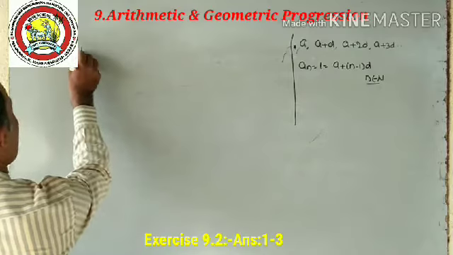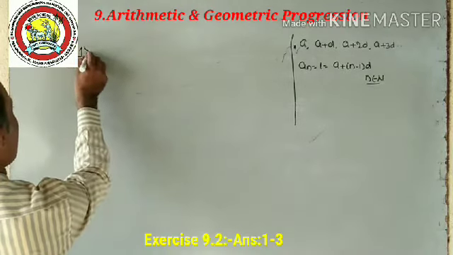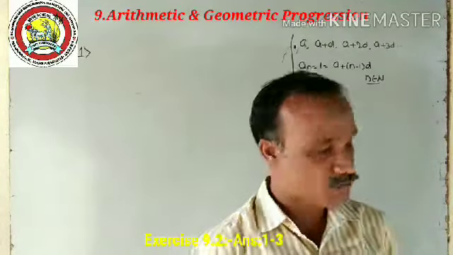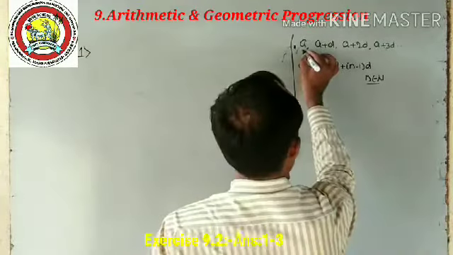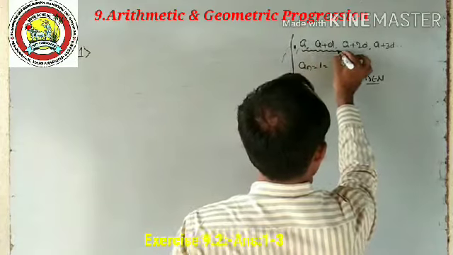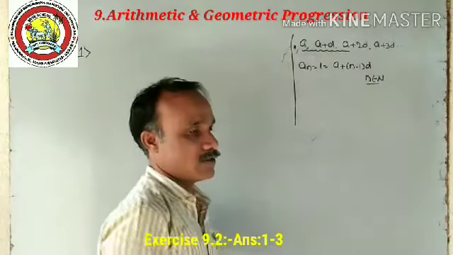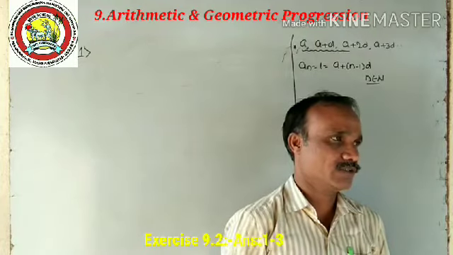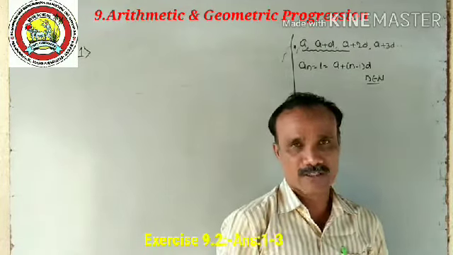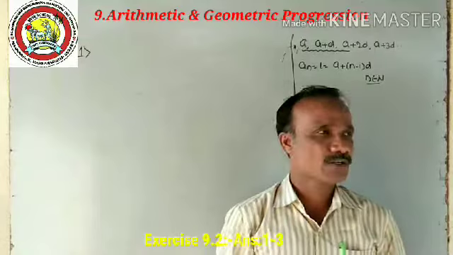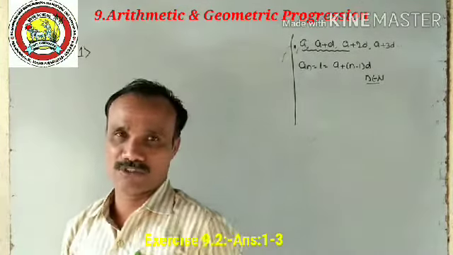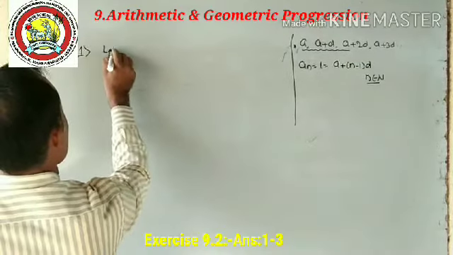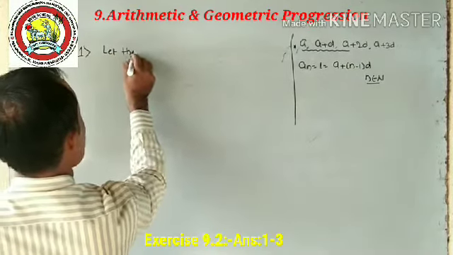So I will start the second exercise of this lesson, 9.2, question number 1. Find the AP. Find the AP means you have to write a minimum of 3 terms.